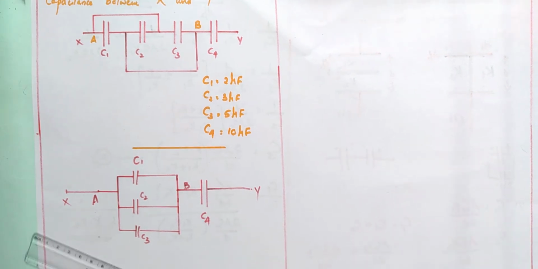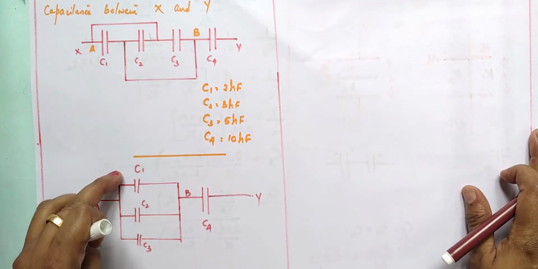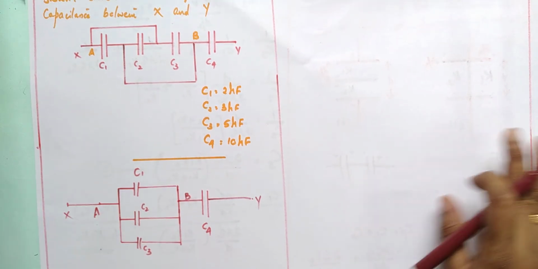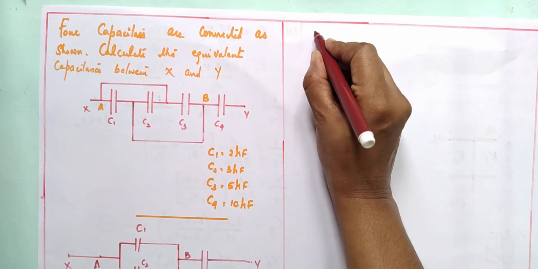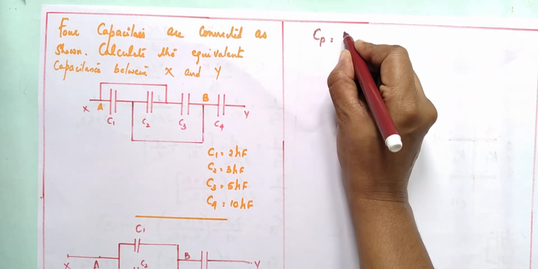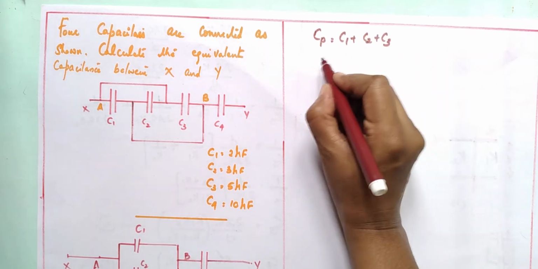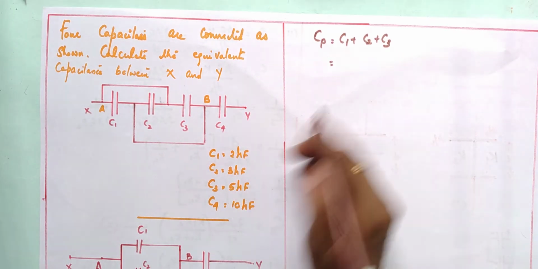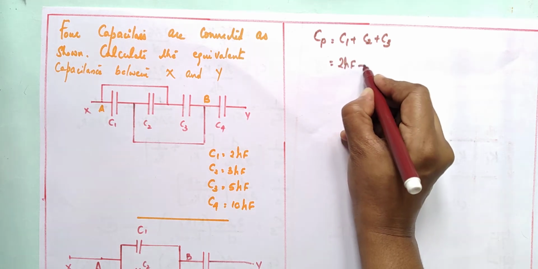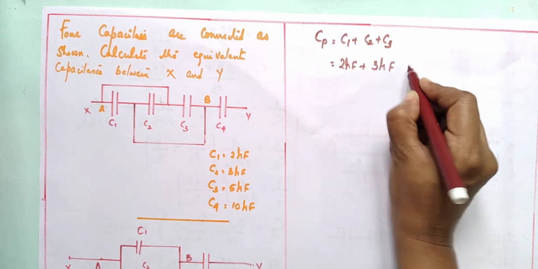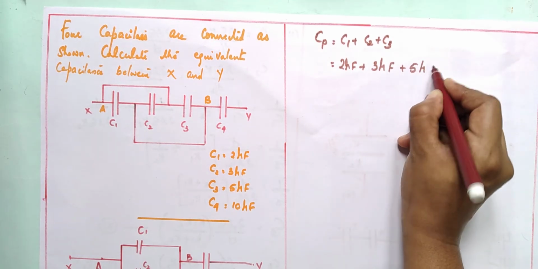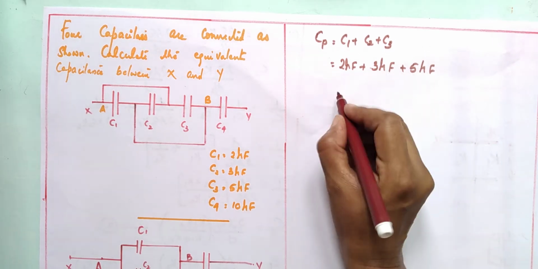Now, we can do it directly. C1, C2 and C3 are connected in parallel. So, the equivalent is Cp equals C1 plus C2 plus C3. Substituting, C1 is 2 microfarad, C2 is 3 microfarad and C3 is 5 microfarad. 2 plus 3 is 5, 5 plus 5 is 10.